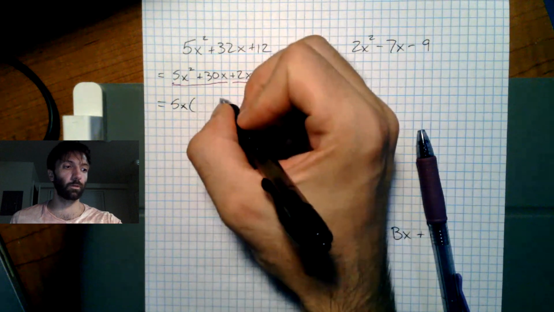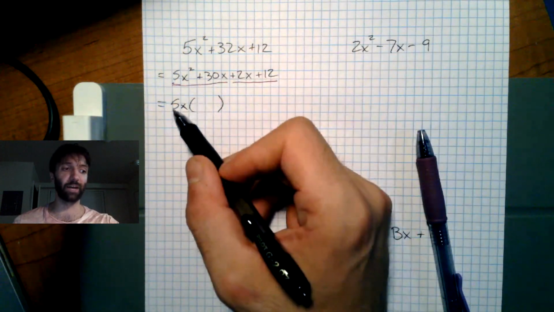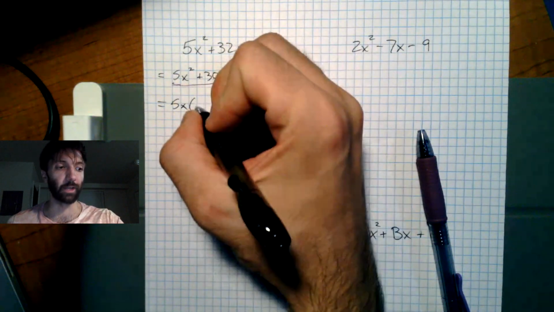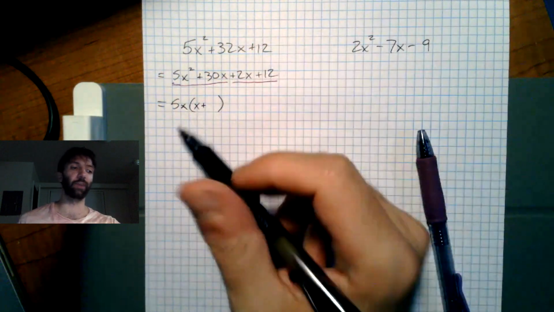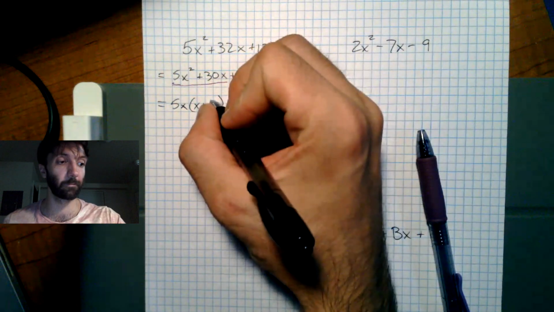When we factor that, we're doing the distributive property in reverse. So 5x times what will give me 5x squared? Well, that's just x. Then plus, 5x times what will give me the 30x? That's going to be 6.